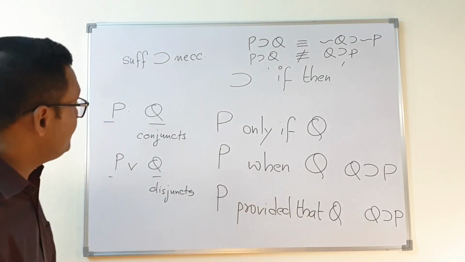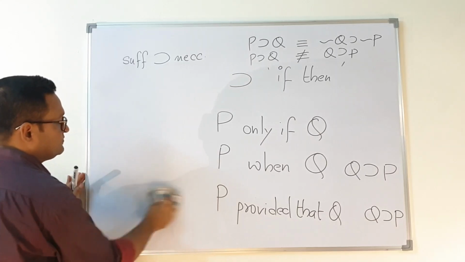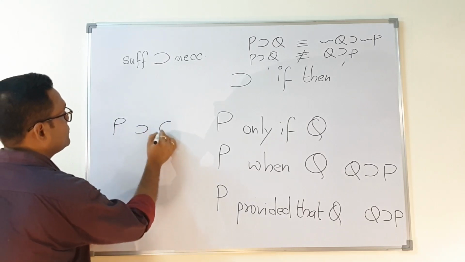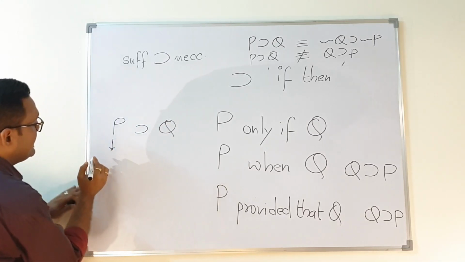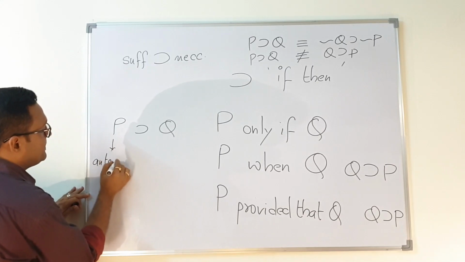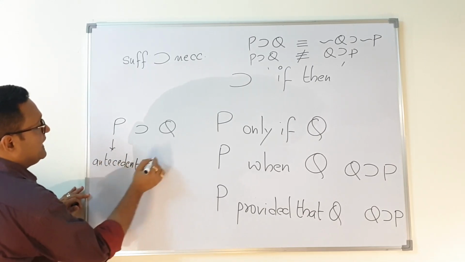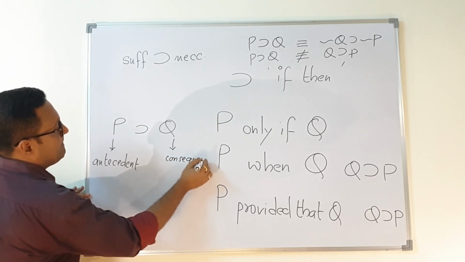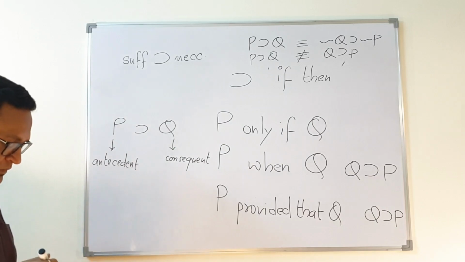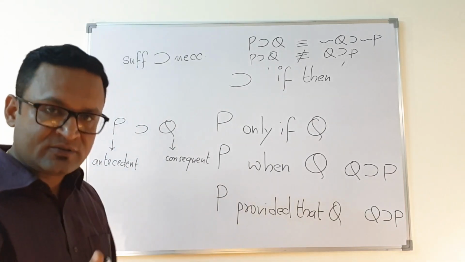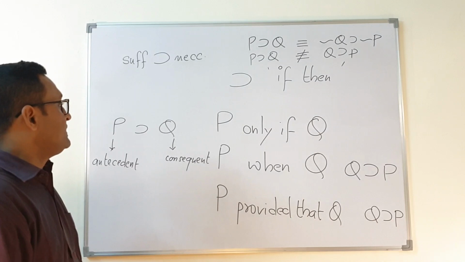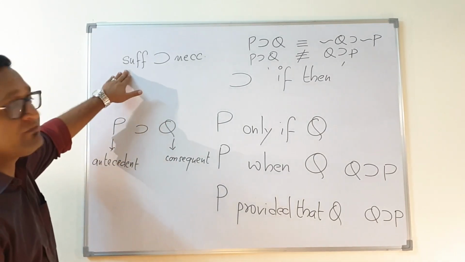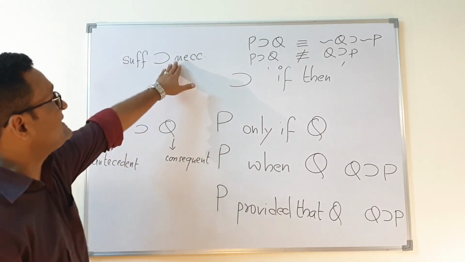Now when we say P implies Q, then this is called an antecedent, and this is called a consequent. Because these are certain things also which you need to understand. So it is always the antecedent that is the sufficient condition and the consequent that is the necessary condition.